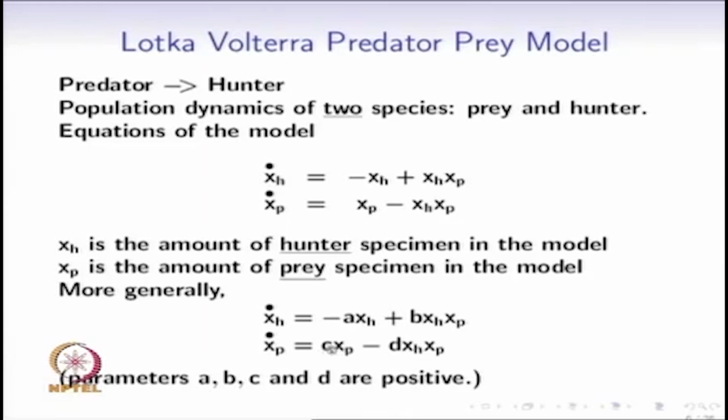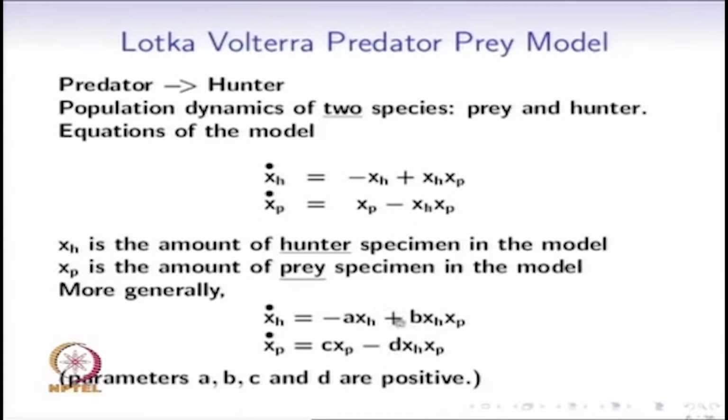The rate of increase is proportional to some C times XP in general, and the interaction causes a decrease with this multiplication with D. So this is how one could study a general model, but one can consider that we are choosing a different unit for XH and XP so that these constants become equal to 1. Also there is some normalization that has been done. So, of course, this itself is a simplification.